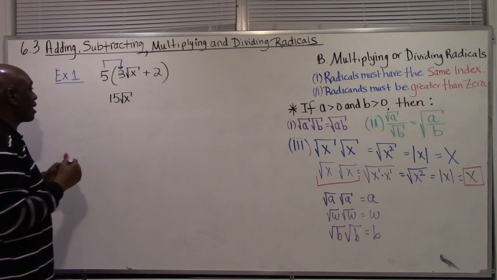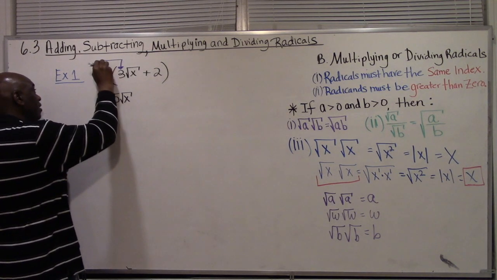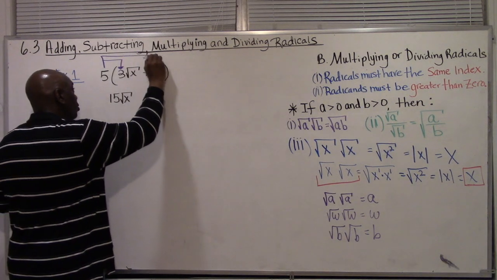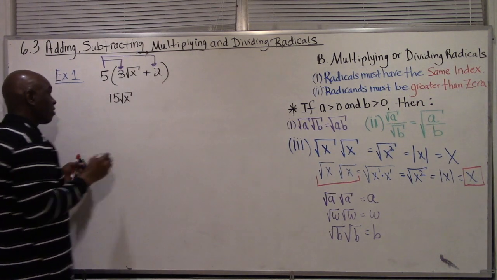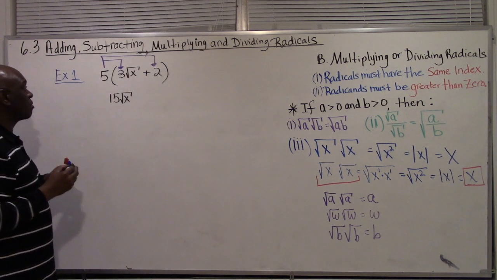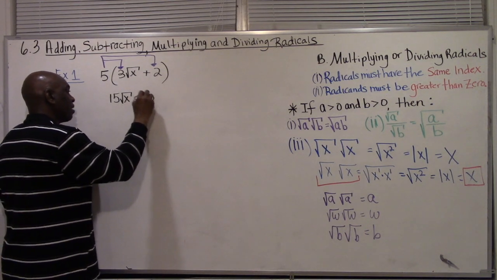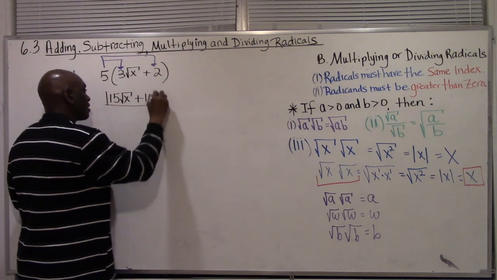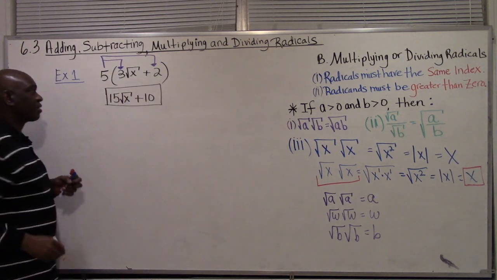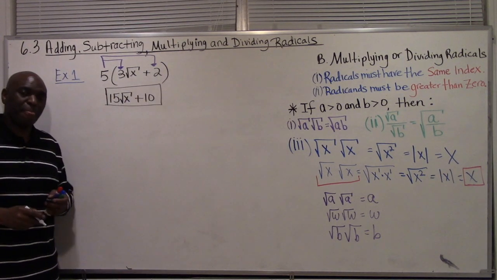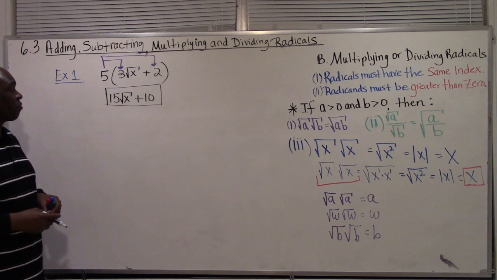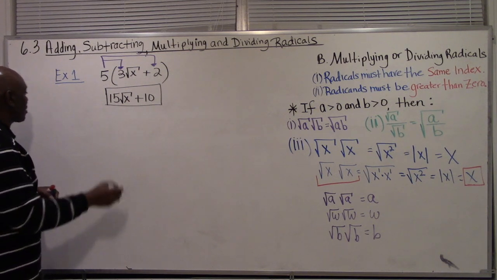And now take that same 5 and multiply it times 2. 5 times 2 is 10. And there we go. That's our answer. Okay. Not bad. Not bad. Okay. Example 2.